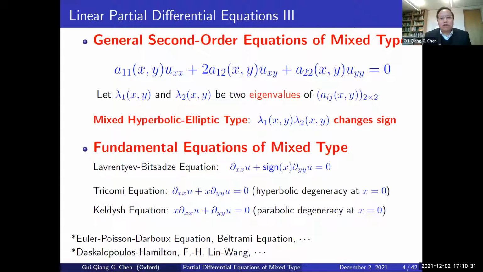Their coefficients are very nice, continuous, but they exhibit different types of degeneracy at x equals 0. Those kinds of equations are related to many famous classical equations, like the Poisson-Darboux equation, the Bers-Chaplygin equation, and so forth.